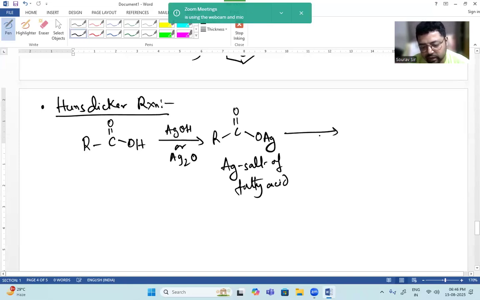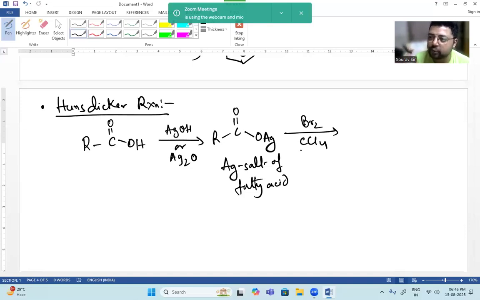Now you just have to add Br2 over CCl4. Remember to use CCl4 over Br2. Why CCl4? Because we need a solvent which has zero polarity. CCl4 is a completely non-polar solvent because it has zero dipole moment, as it is a perfectly symmetrical molecule.